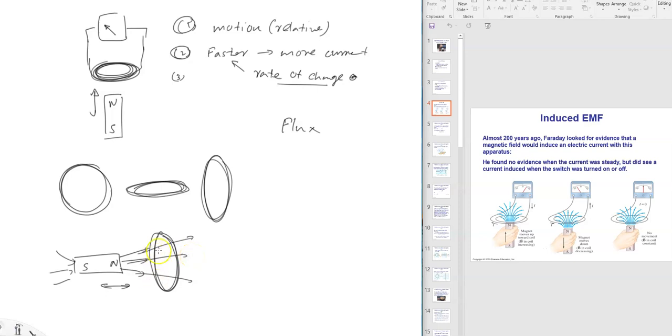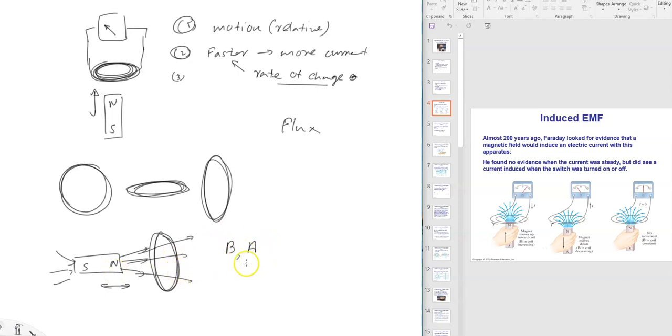So the flux is actually, or if I change the shape of this coil, if I compress this, if I stretch it, the area of the coil changes. So the amount of voltage induced in this process depends on how much magnetic field goes through it and what is the effective area of this coil that the magnetic field is going through.